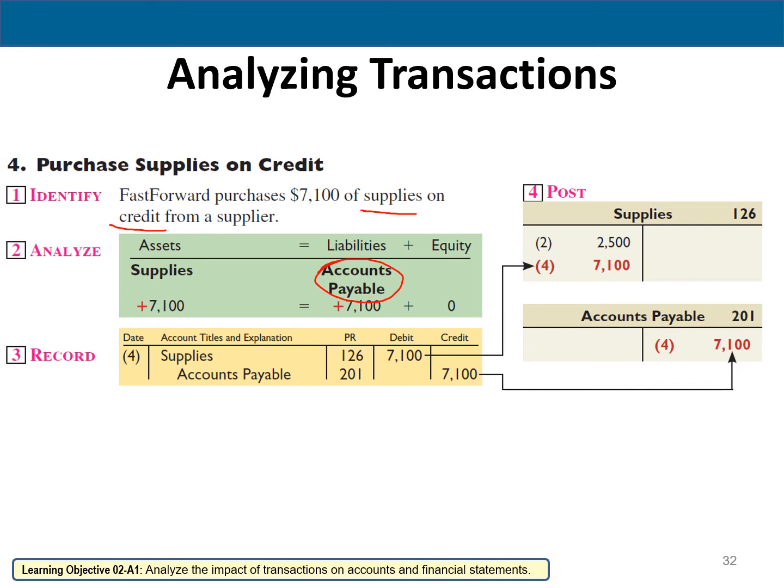We said that to increase asset accounts, we debit, right? And then accounts payable is a liability. And we said to increase liabilities, what do? Debit or credit? We credit, right? So then we post our journal entry to the general ledger, or in this case, the T account. Debits get posted to the left side, credits get posted to the right side.